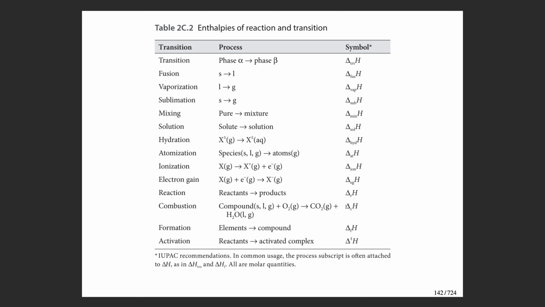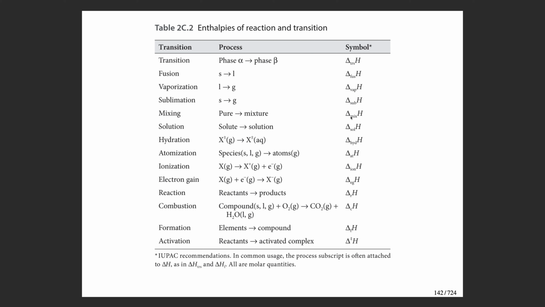This table shows different processes, and listed on the right are the symbols that are used to represent them. So for general phase transitions, you could use the TRS label. For specific phase transitions like fusion, when you go from a solid to a liquid, you would use FUS. Vaporization, VAP.